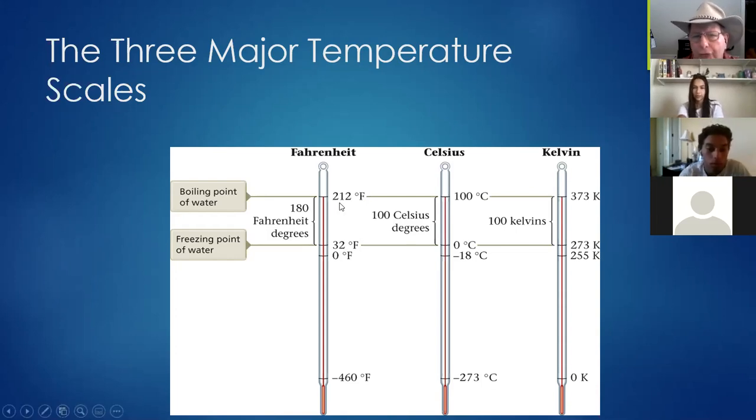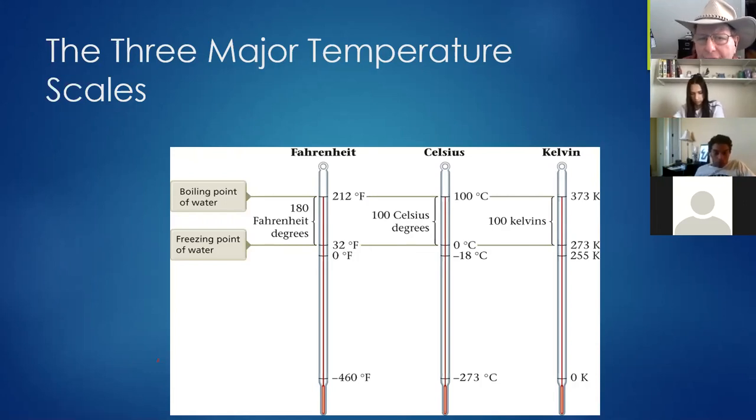212 degrees. So if we're comparing Celsius with Fahrenheit, we first offset the number by 32. So if we have Celsius, we have to add the 32.